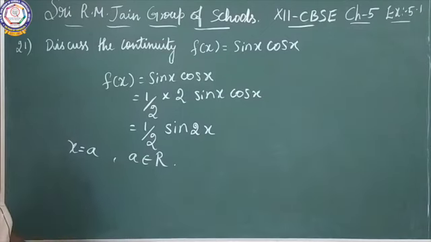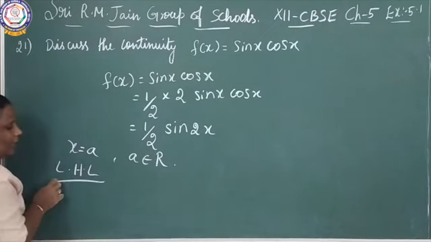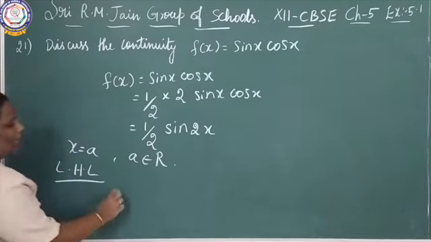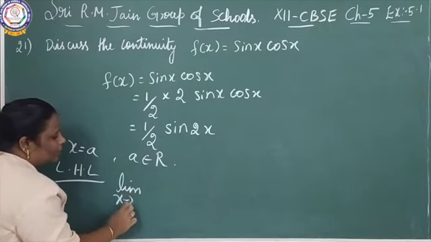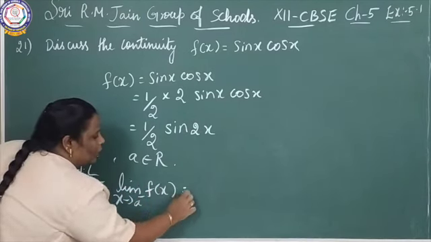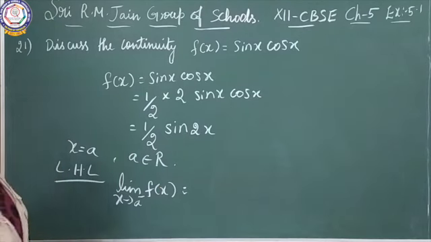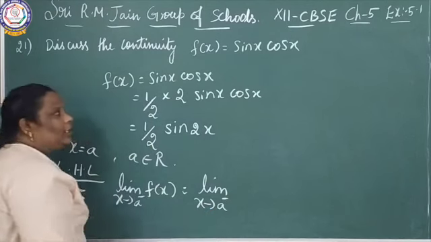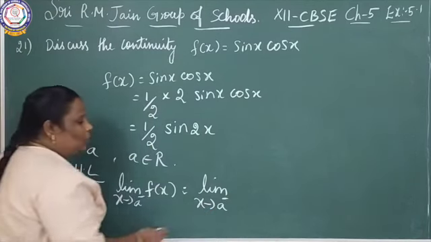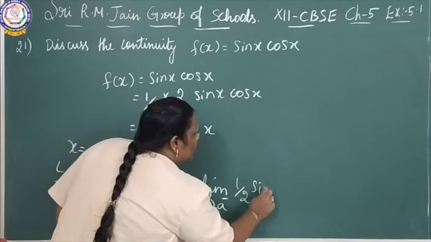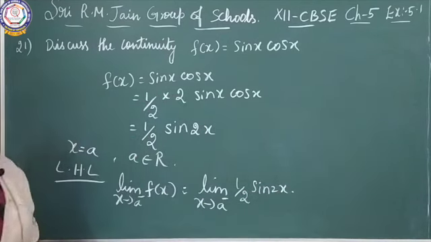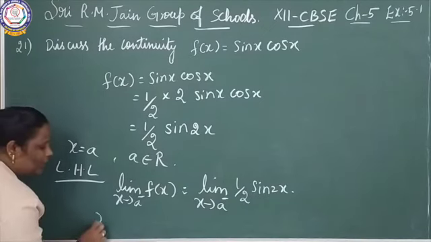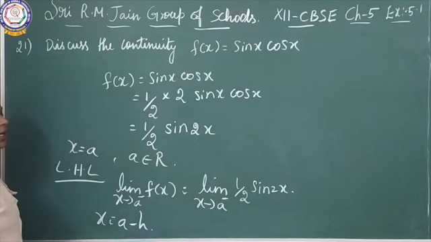Now we are going to check the left hand limit. What is the left hand limit here? Limit x tends to a minus f of x equal to limit x tends to a minus, what is my f of x here? 1 by 2 sine 2x. Then what is the next step? You move on to x tends to a. You take x equal to a minus h.